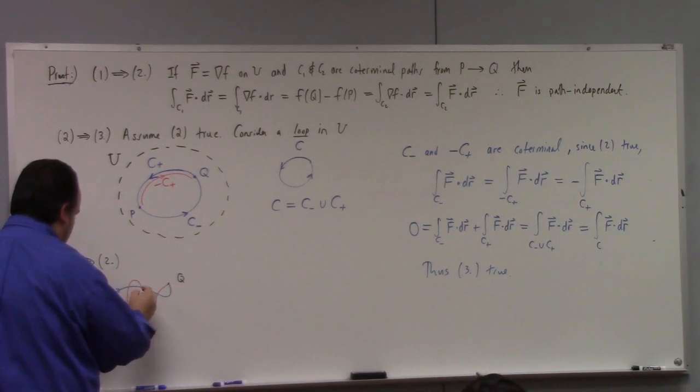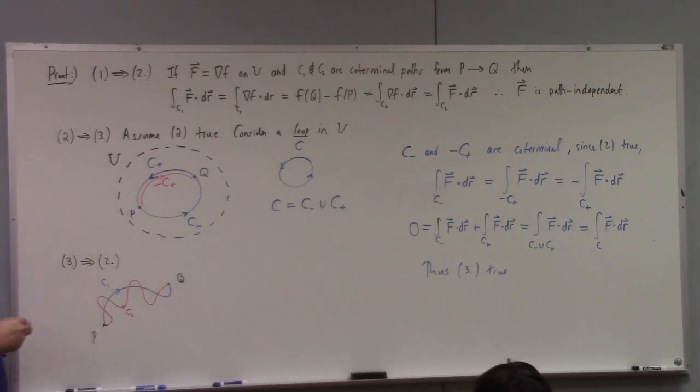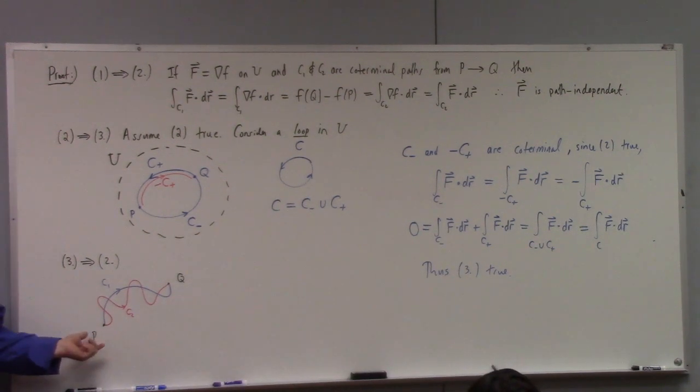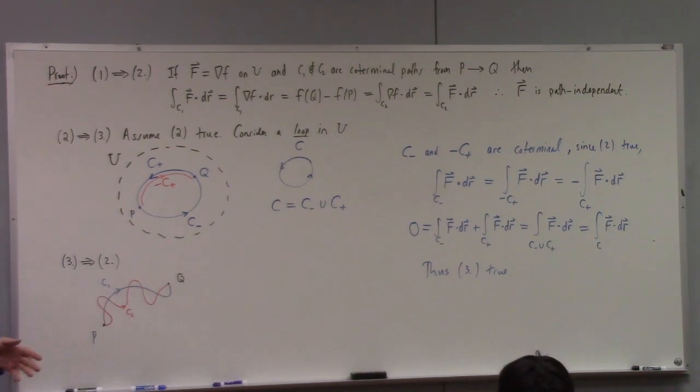C2 could look like that, couldn't it? So those two paths are both coterminal. They can intersect? Yeah, they could intersect. I've been drawing the picture like they don't, but of course they could. That's not prohibited. Definitely these are still coterminal paths. They have the same beginning and ending point.